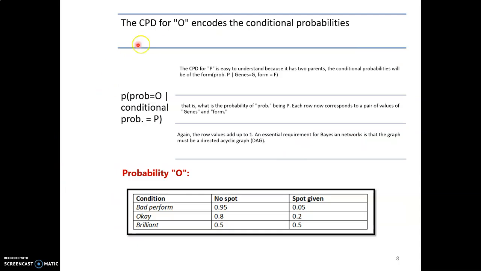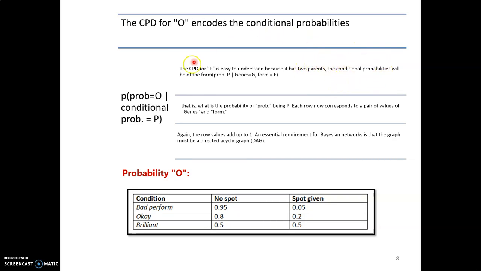Next, the conditional probability table for O encodes the conditional probabilities. Here the equation is probability P of O given the parents. The CPT for P is easy to understand because it has 2 parents.